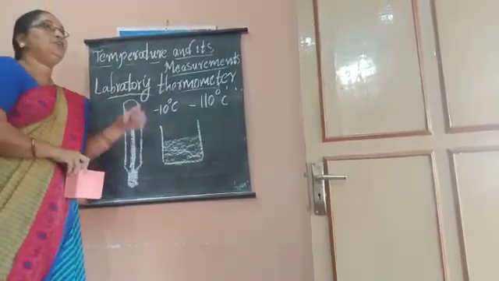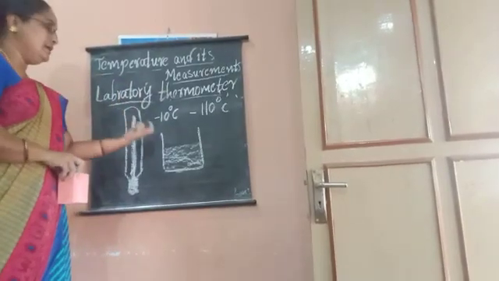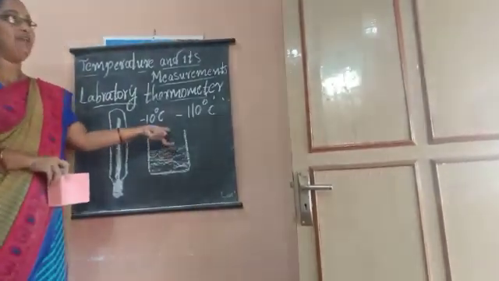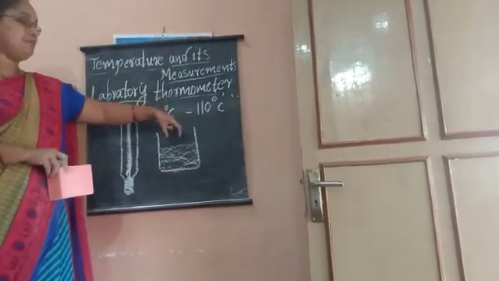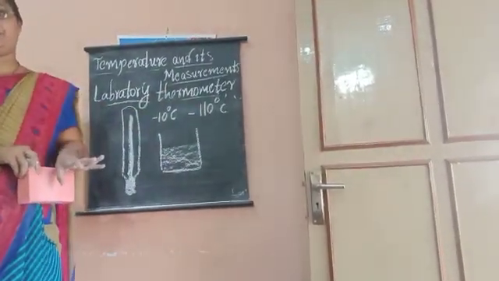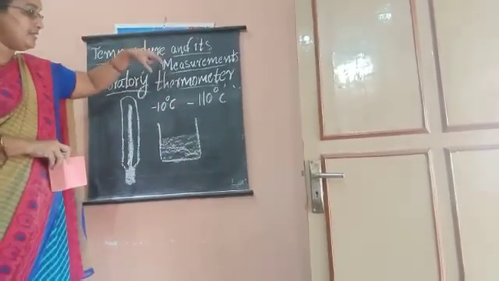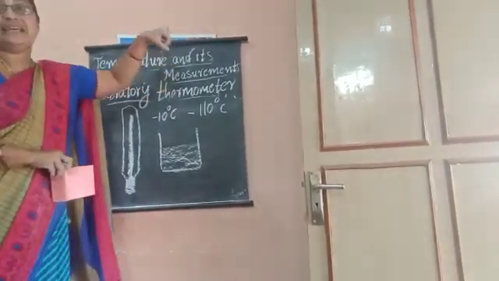You must hold the laboratory thermometer vertically. You are dipping it in that liquid now. The bulb of the thermometer should not touch the bottom and walls of the container. And you must record the measurement when the thermometer is in the liquid itself.